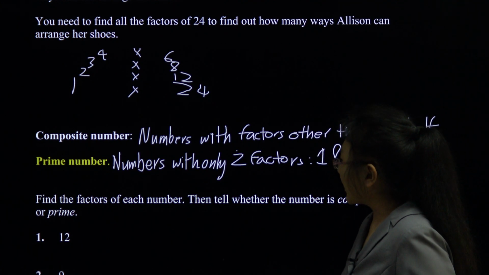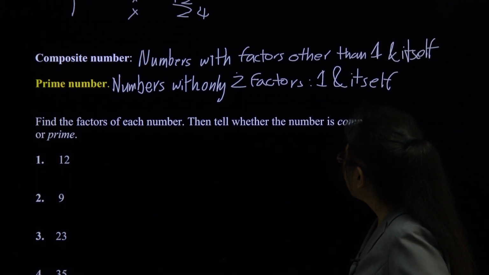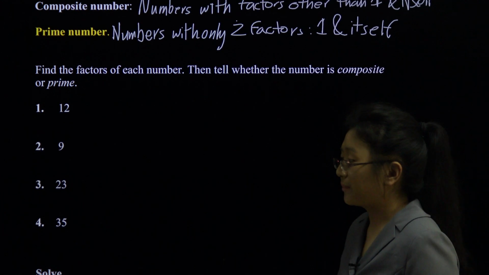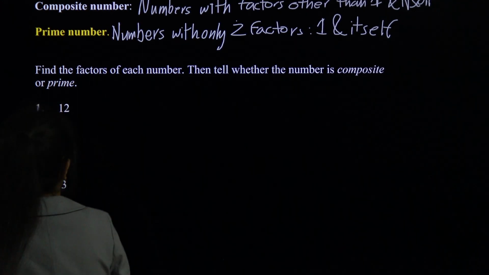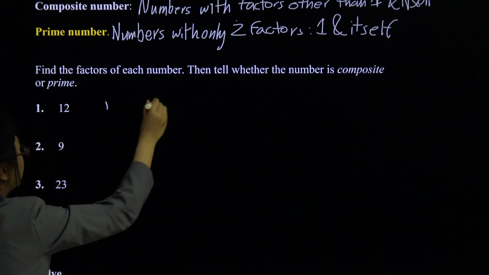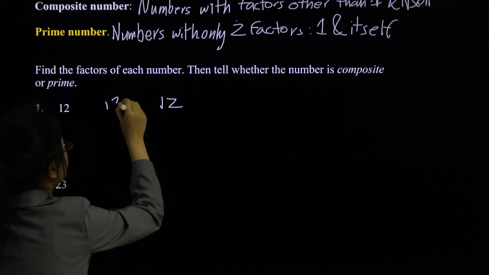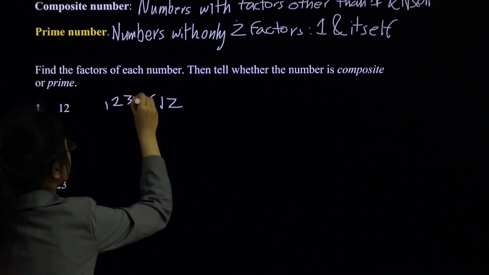Now we're going to do some factoring. Find the factors of each number, then tell whether the number is composite or prime. 12. We have 1, 12, 2, 6, 3, 4.